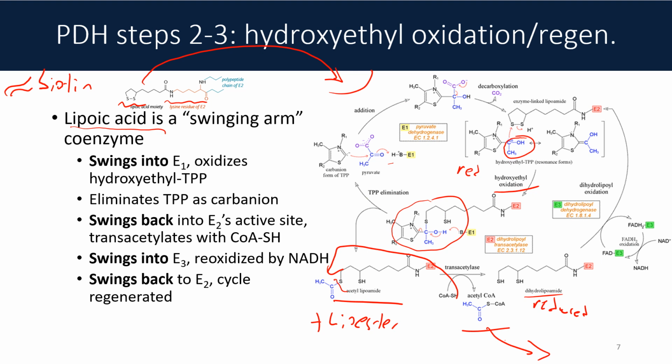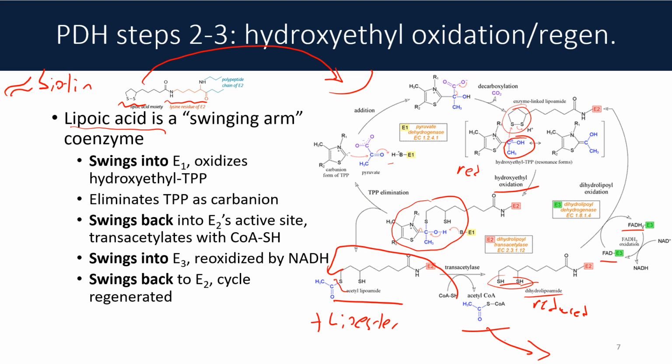We will be using one equivalent of FAD, and we will react it with both of these thiols in the dihydrolipoamide molecule. Oxidizing 2 sulfhydryls together will give you a disulfide, shown here. And we will transfer these hydrides from that position onto FADH2.